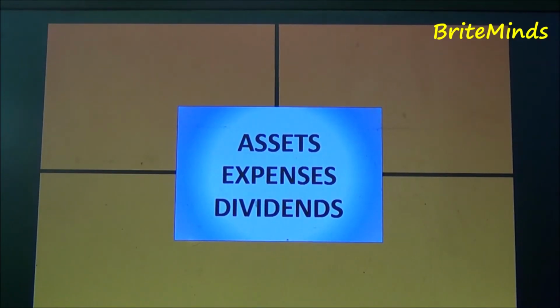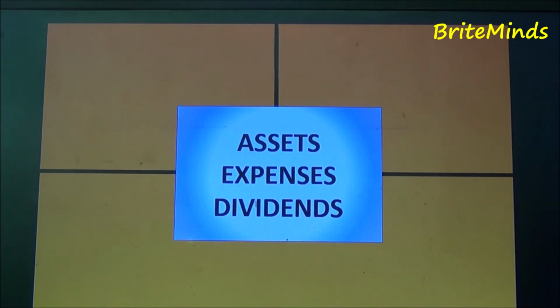I have here a diagram showing the asset, expense, and dividend accounts. I will show you, using the rules of debits and credits, how these accounts are positioned. Is it on the debit side or the credit side?